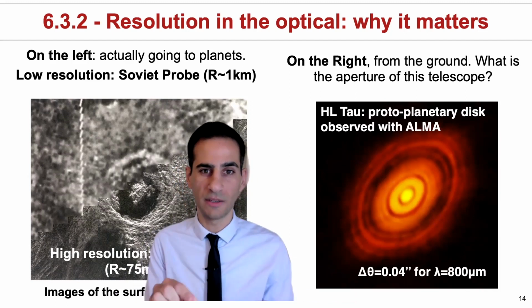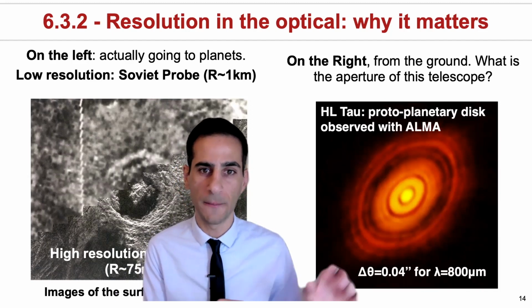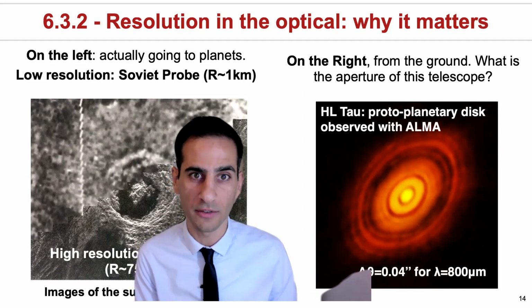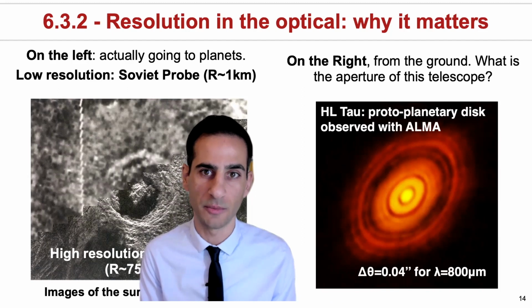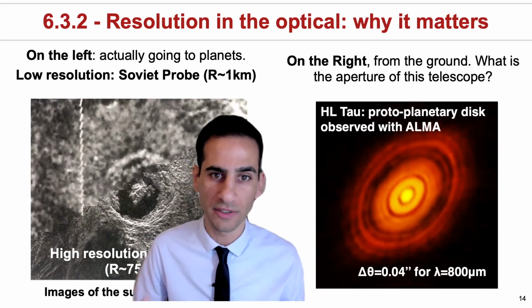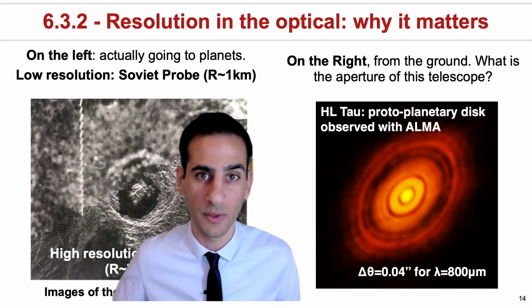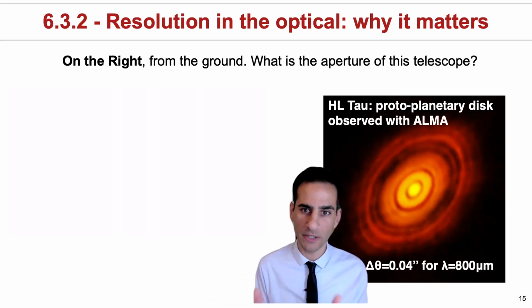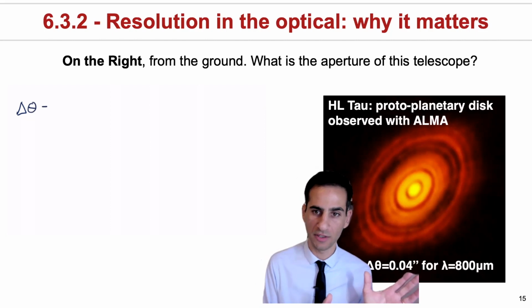Now, if you're plugging in the numbers already and trying to calculate the diameter of this telescope that at 800 microns can get a resolution of 0.04 arcsecond, you're definitely on the right track, because that's what we're going to do now.